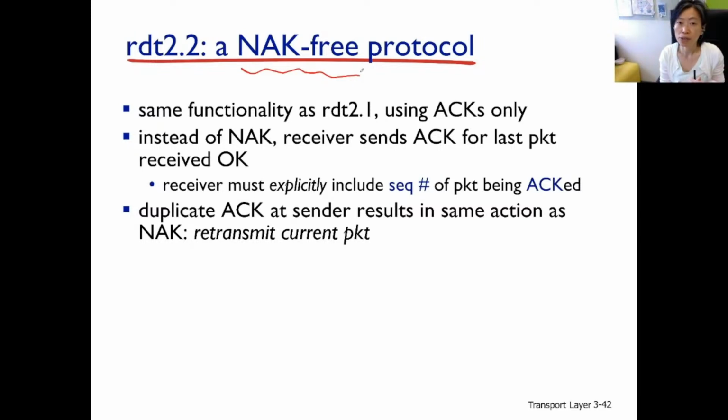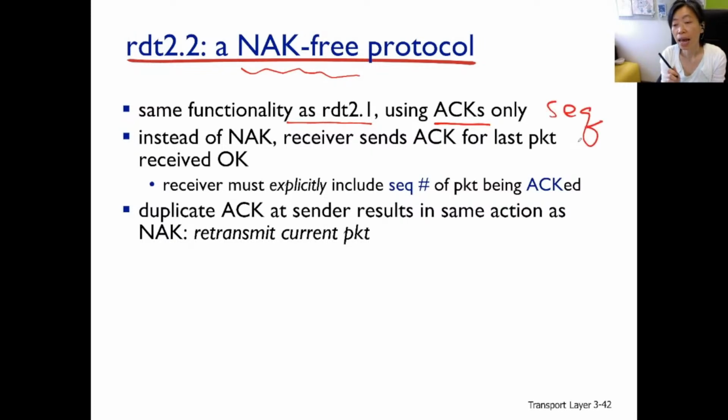So RDT 2.2 essentially says, let's not have two different packet formats, just have one acknowledgement packet, but add a bit in the acknowledgement packet, and we change the value of the bit to indicate whether it's really a positive acknowledgement or a negative acknowledgement. So same functionality as 2.1, but using only ACK packets. The ACK packet carries an extra bit, which is the sequence number.